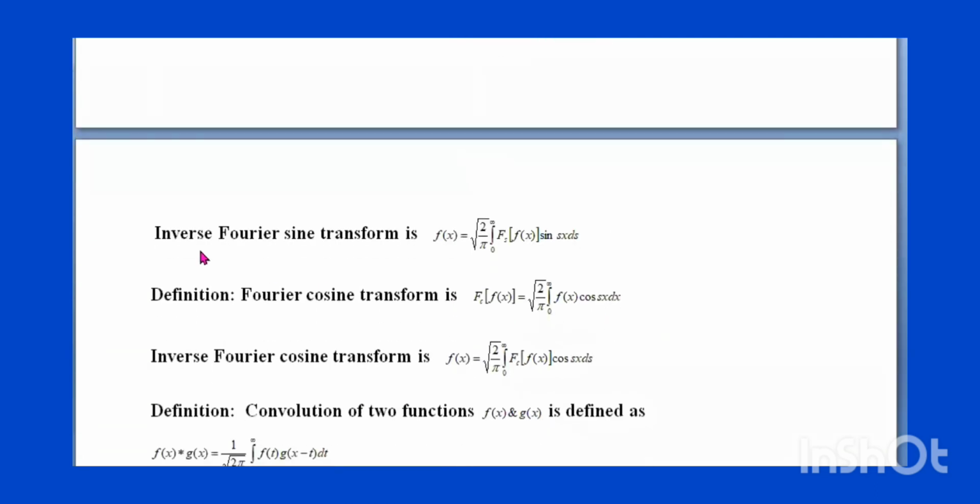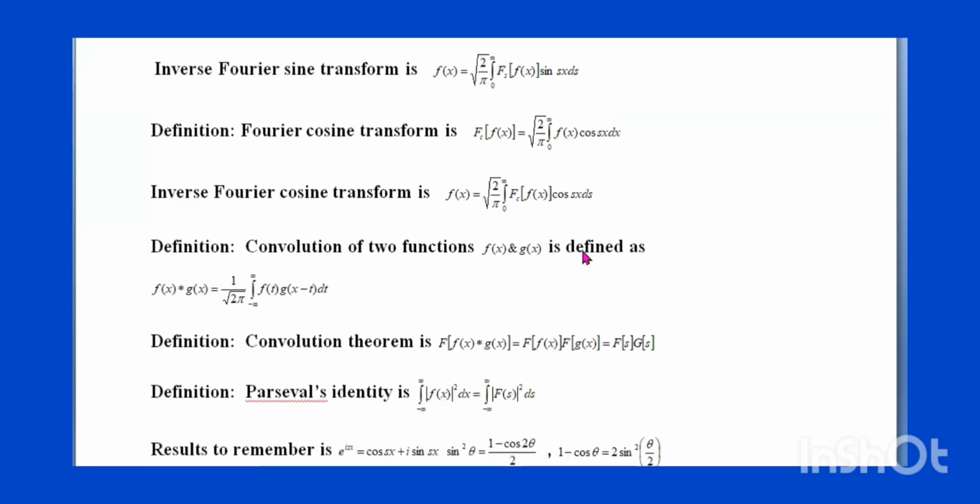The inverse Fourier sine transform is small f of x is equal to root of 2 by pi, integral over the limit 0 to infinity, Fs of f of x into sine sx ds. This is the inverse Fourier sine transform.